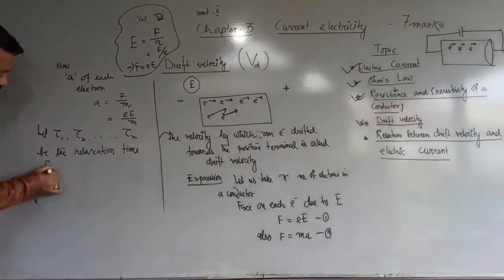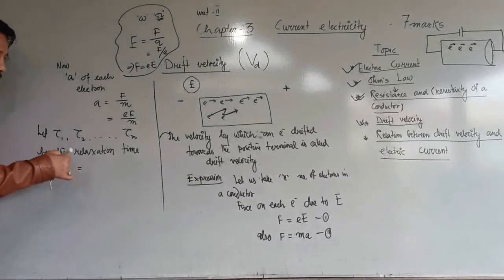V1, that is the velocity of the first electron.